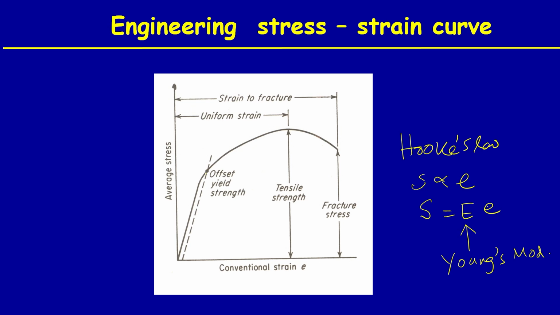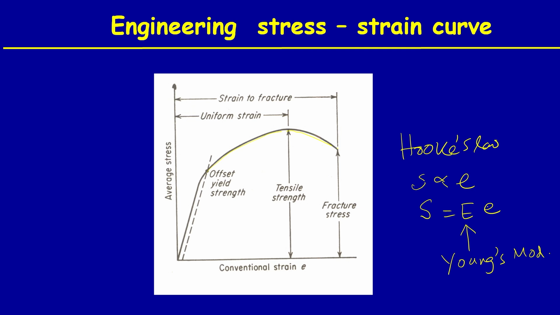You can see that it has become nonlinear here, and then it reaches a maximum stress, after which stress level falls. This maximum stress is called tensile strength or ultimate tensile strength, and the final stress is called the fracture stress, at which the material is completely fractured.